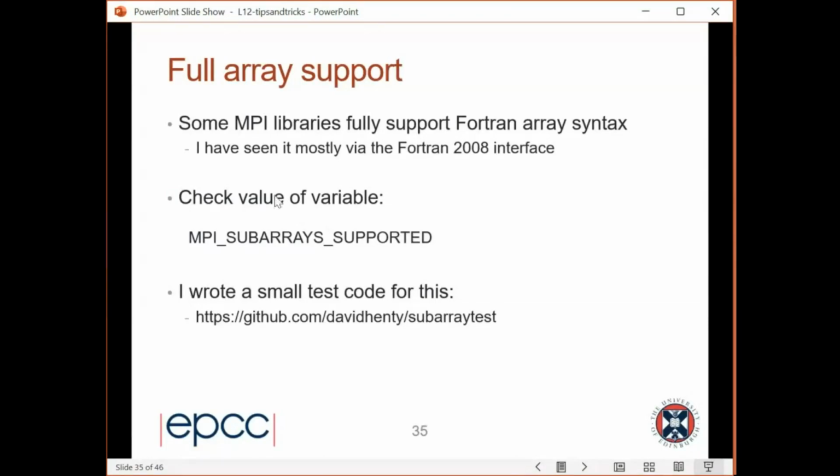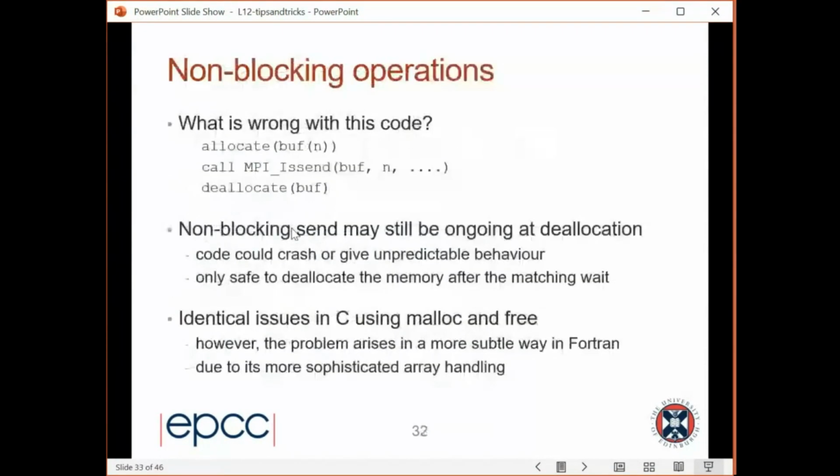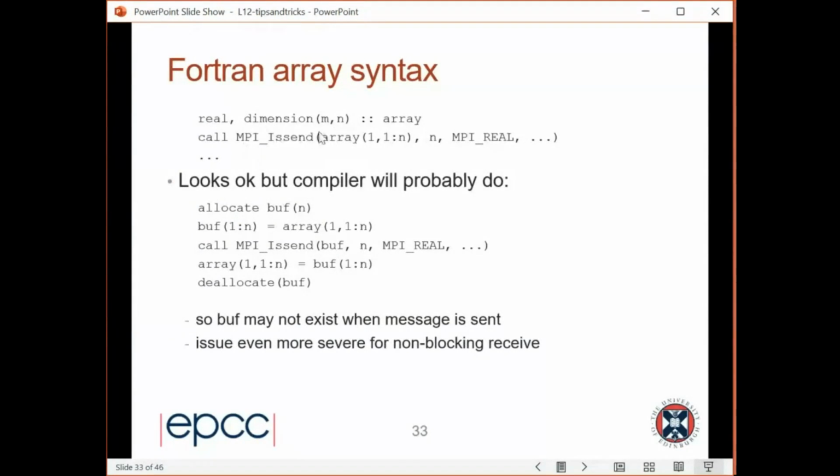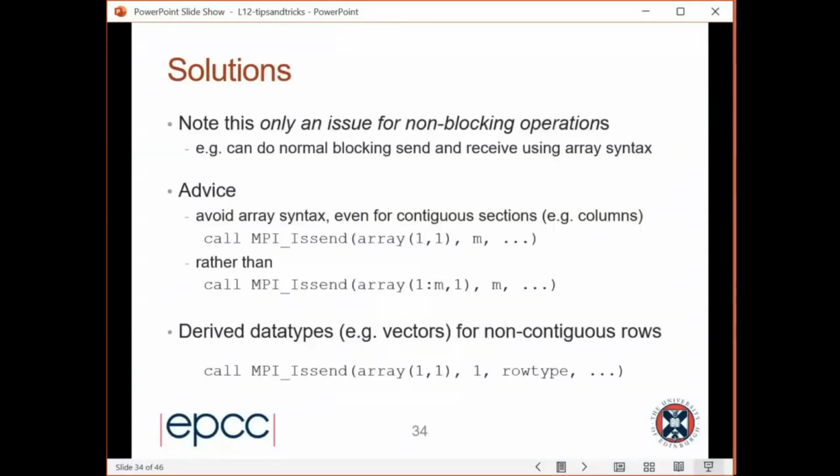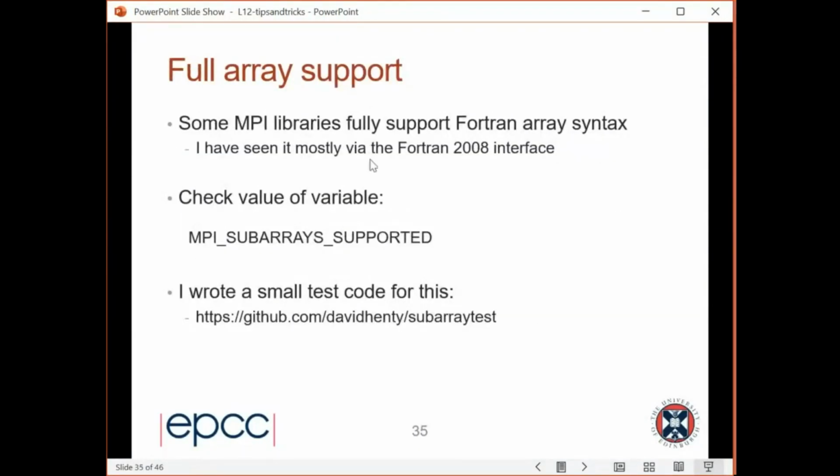There is a variable called MPI_SUBARRAYS_SUPPORTED, and if it is true, then this code will work because the library does the right thing. It makes sure that the data is persistent until the operation has been waited on and completed. It is a slightly subtle point, but I have seen problems with this, and so I wrote a little test code for this.